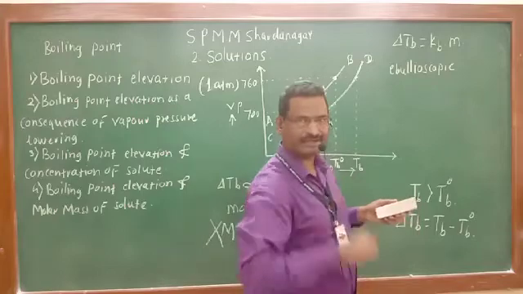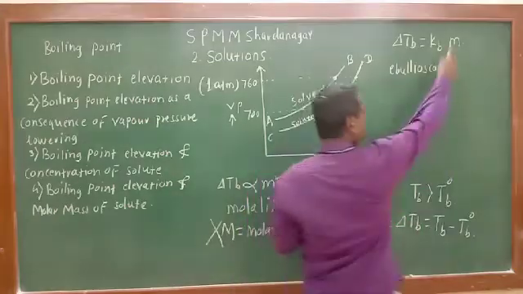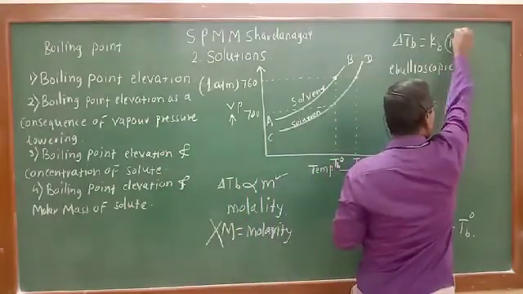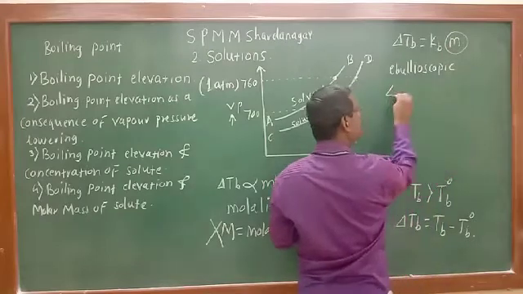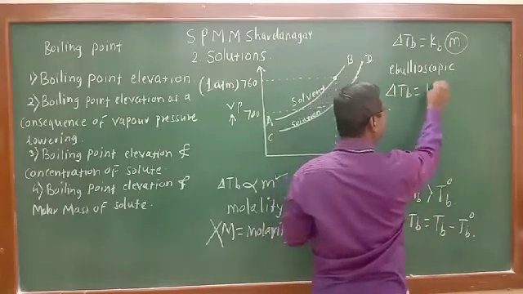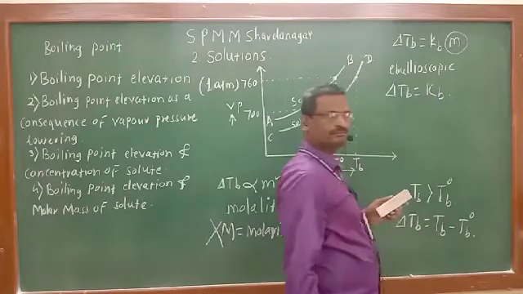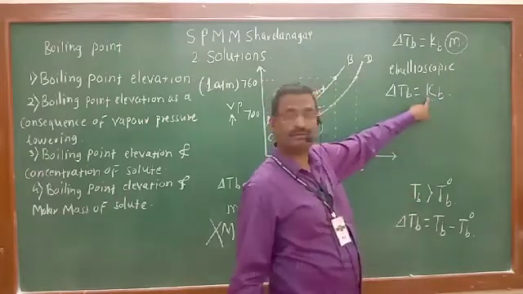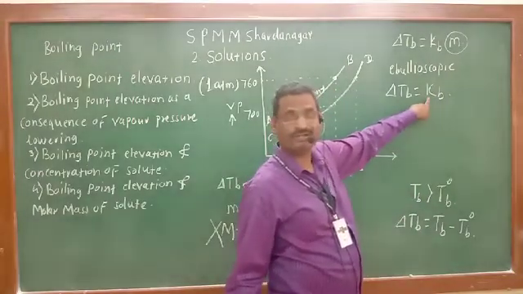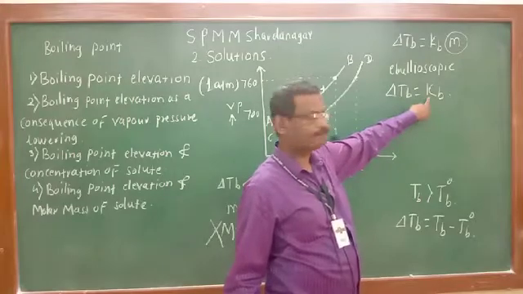So, how is that Kb calculated? Suppose molality is 1. What is the equation? Delta TB will be equal to Kb. So what is meant by elevation in boiling point constant now? What is meant by ebullioscopic constant?